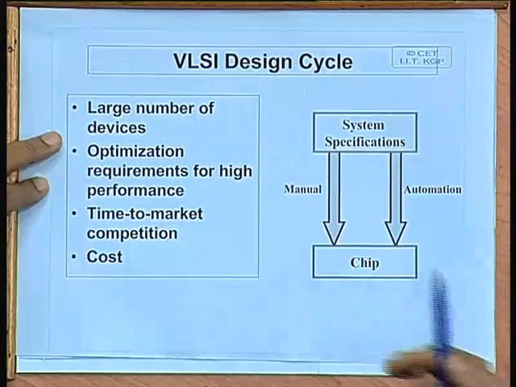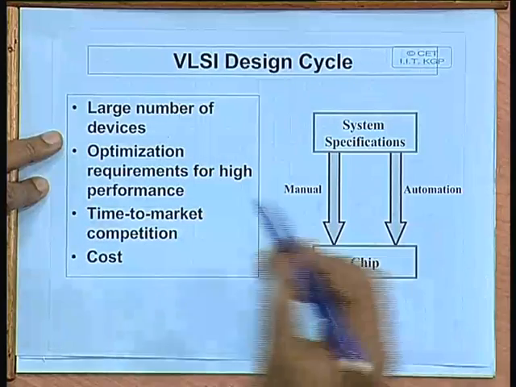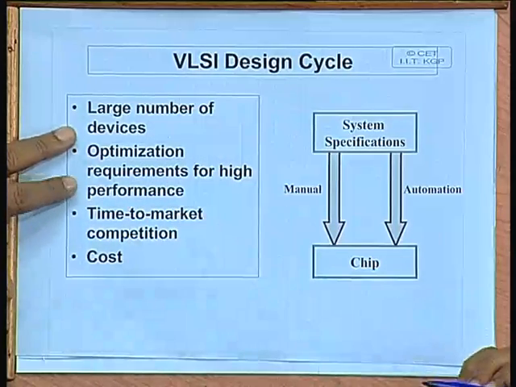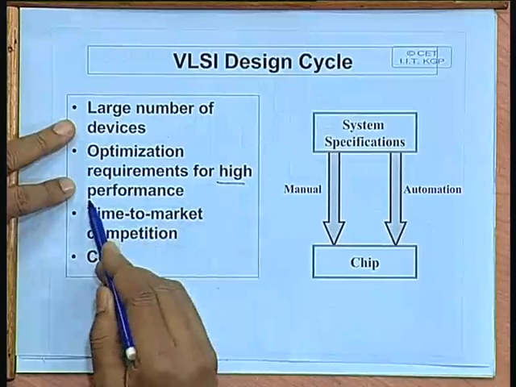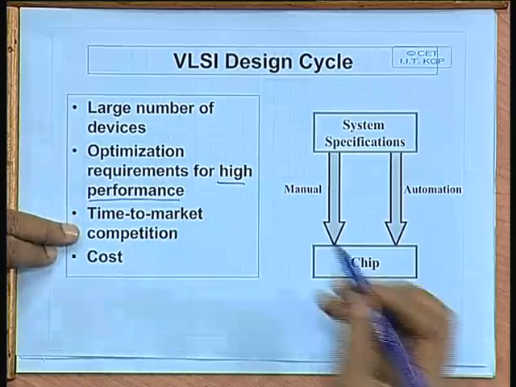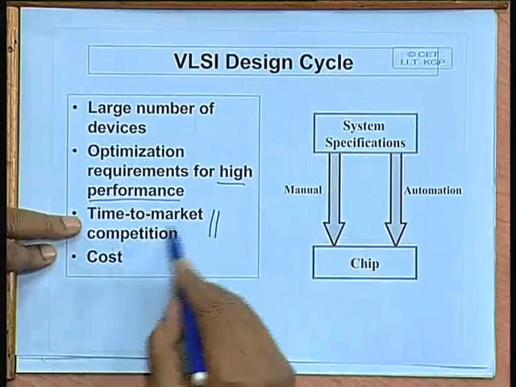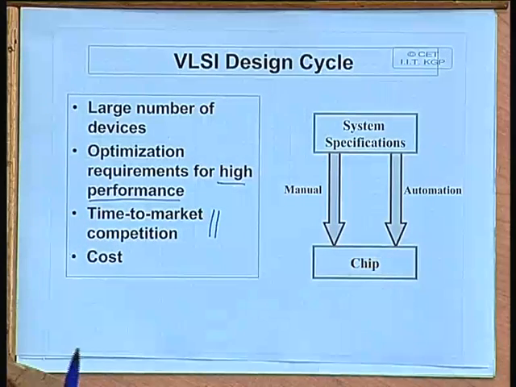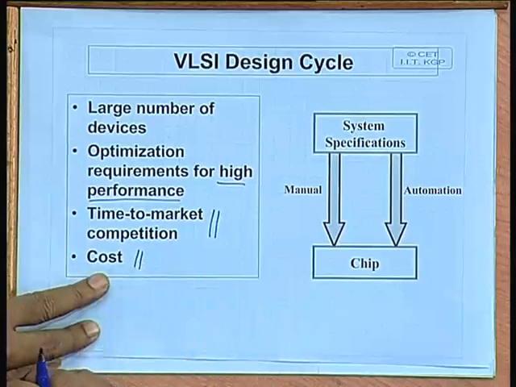Now, just to recall, in a typical VLSI design today we have a very large number of devices, and obviously to obtain reasonable amount of performance we need optimization at every phase of the design. Moreover, we need to do it fast because there is competition from vendors, there is a time to market constraint, and cost of design is of course an issue.